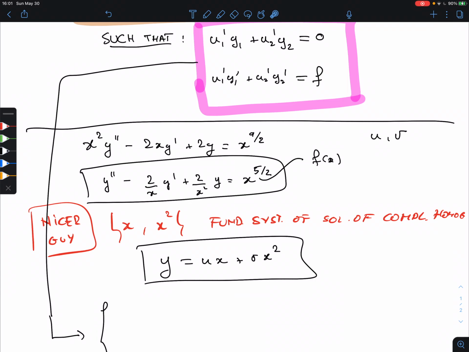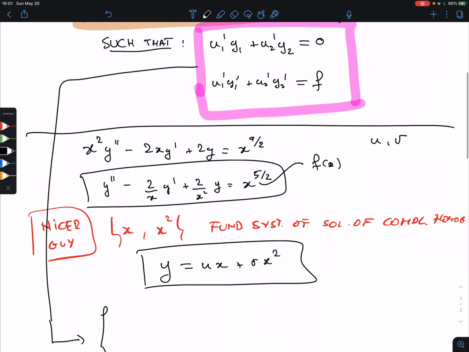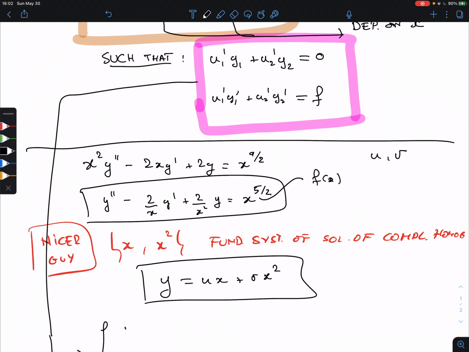What actually happens is this is an equation that I make up, and if you make up this equation, then you get that. But it's like looking underneath the hood in a car. Let's not do that. Let's just drive the car. So, u prime x plus v prime x squared is 0.